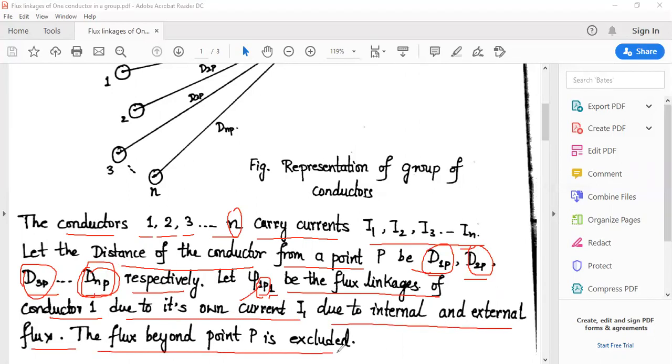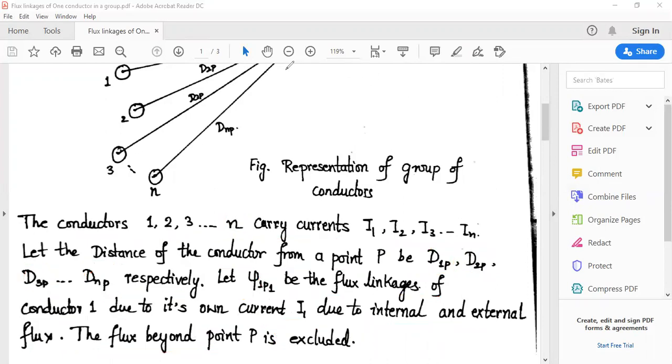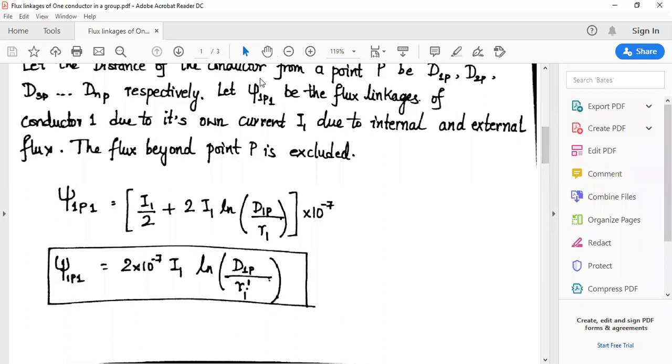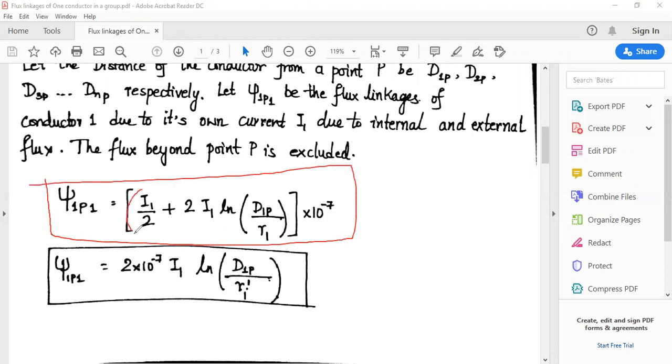The flux beyond point P is excluded, which is our assumption for the time being. Moving on, I have the equations which govern the flux linkage for both the internal flux and the external flux.